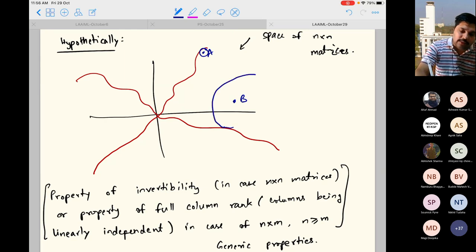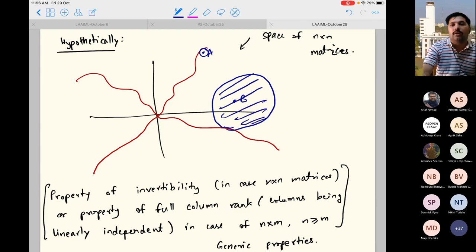So all these matrices here are going to be invertible matrices, whereas here the set of all invertible matrices around A is really very small. So a small perturbation might render A a singular matrix, but for B to become a singular matrix, you really have to give a very large perturbation. Do you understand?